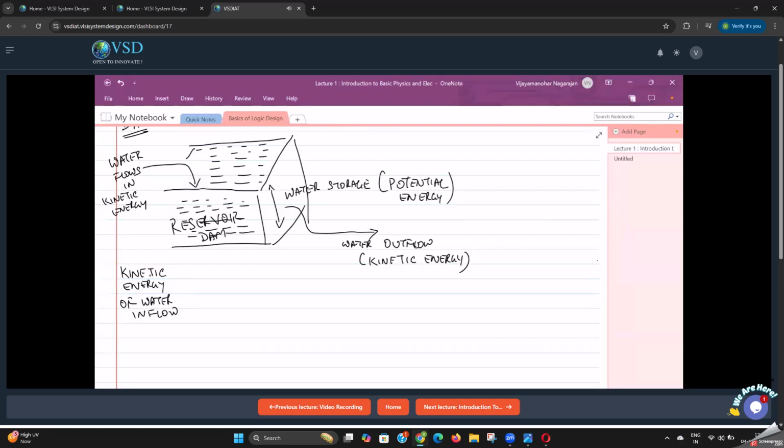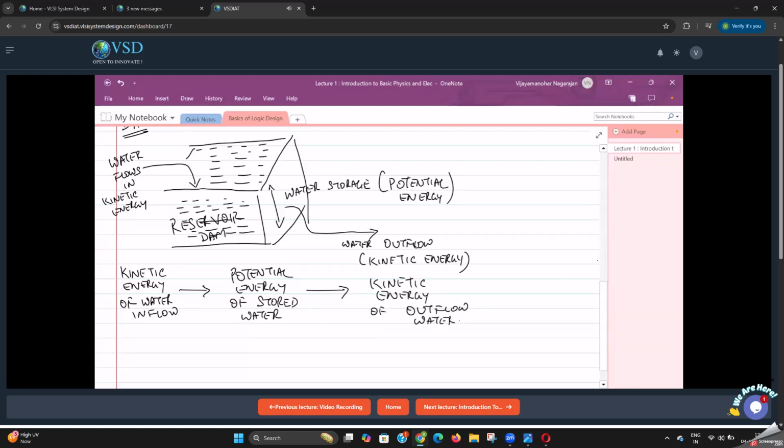So the kinetic energy of water inflow gets converted to potential energy of stored water. And this again gets converted to kinetic energy of outflow water.